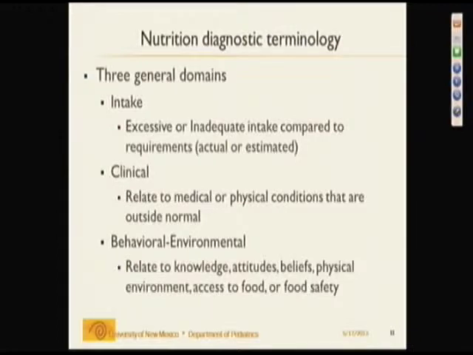And the last domain, behavioral and environmental, relates to knowledge, attitudes, beliefs, physical environment, access to food or food safety. So it's a much broader group of considerations when we have to look at potential problems that we'd be labeling.